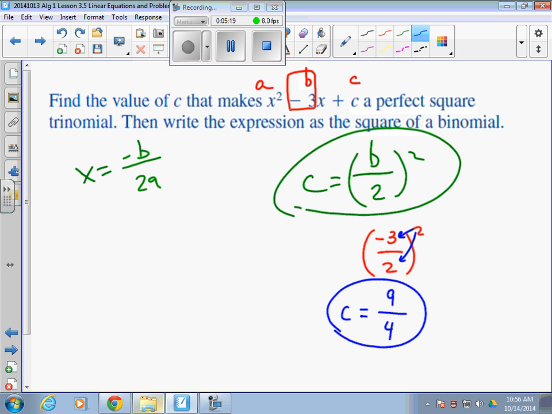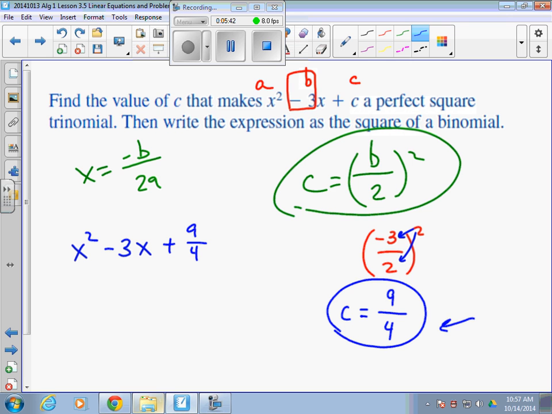That was the first thing you had to do, find the c value. The perfect trinomial will look this way: x squared minus 3x, that's the b value you already had, and then you plug in the c value you just found, plus 9/4. This is a perfect trinomial.